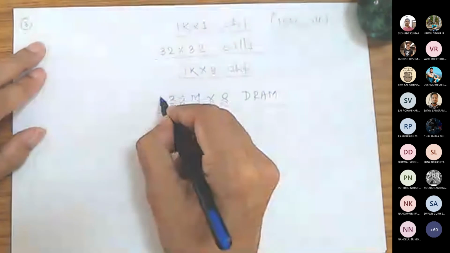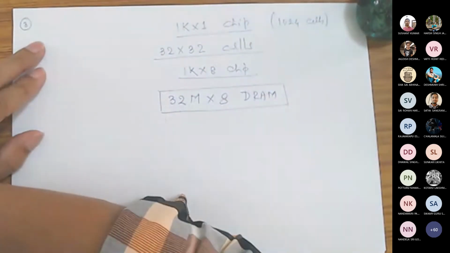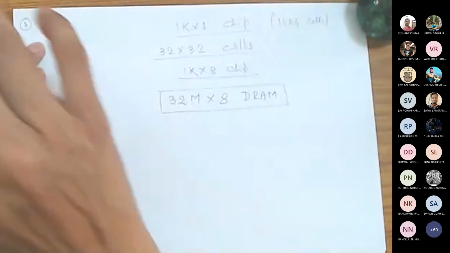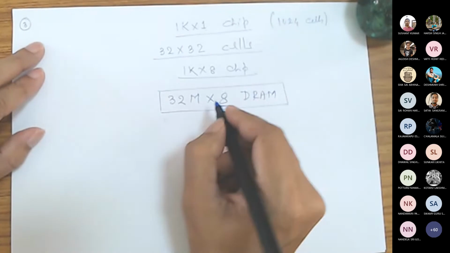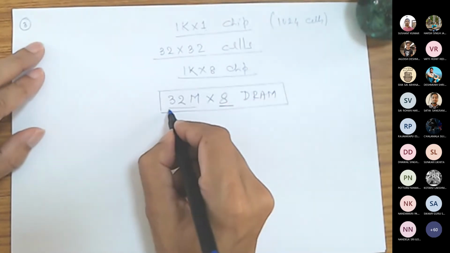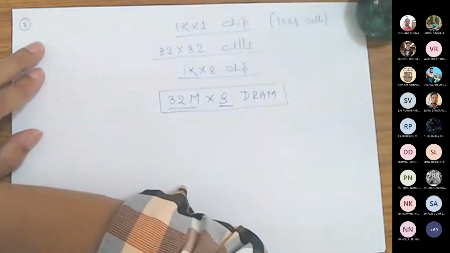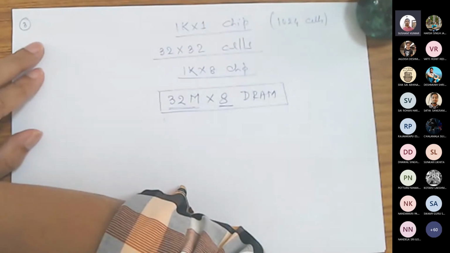Now these are realistic memory which are used in modern computers. 32M into 8. 8 can be extended to 32. So don't worry about the right part, because this is the size of the data. This is the size of the address. So 32M locations, 32 mega locations. So till now we were talking about SRAM organization.